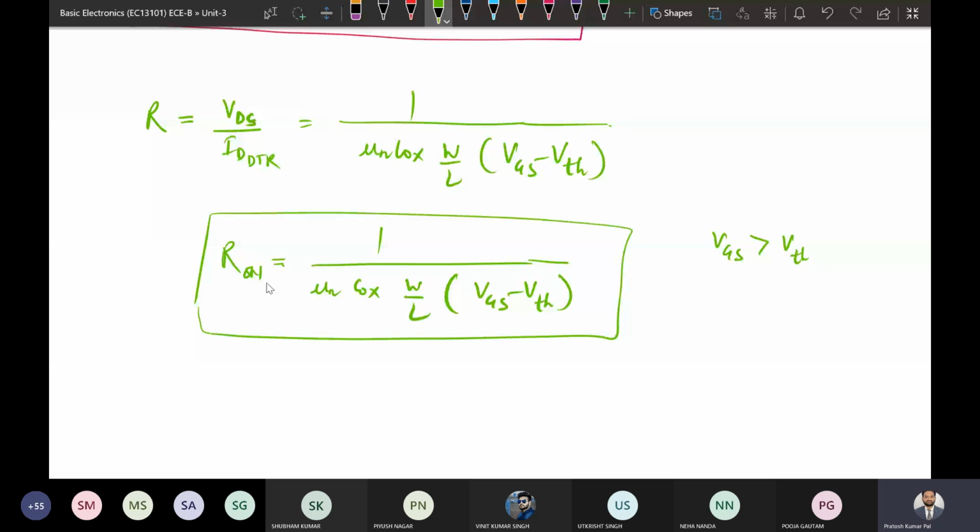Then there is W by L, also called the aspect ratio.